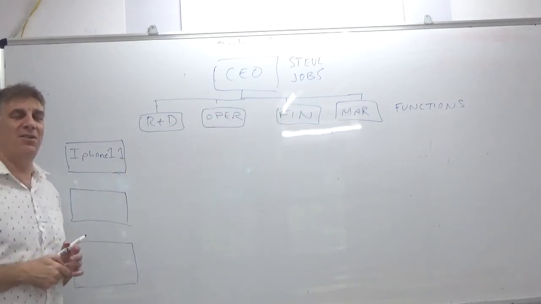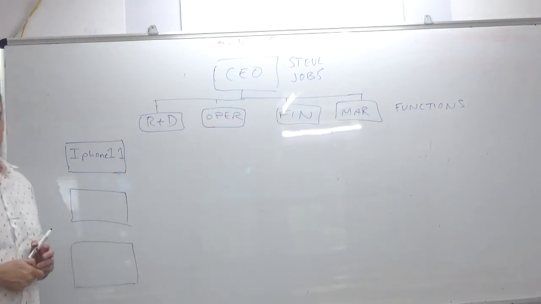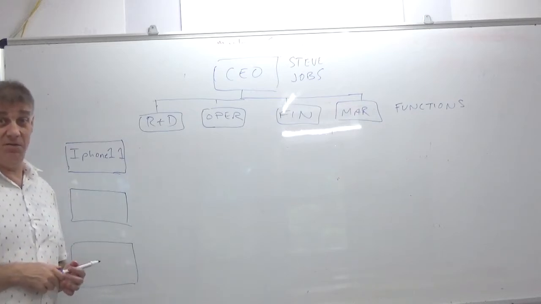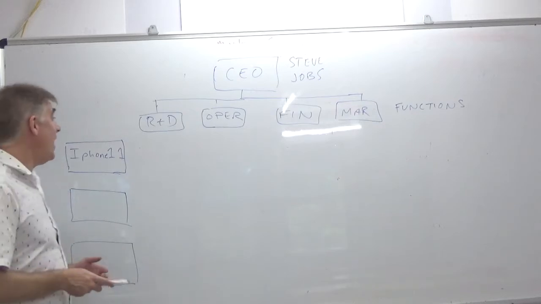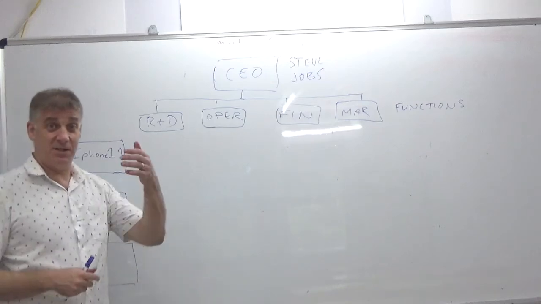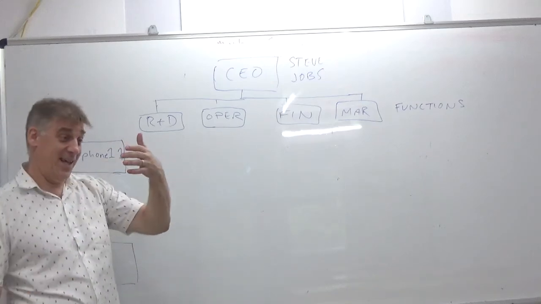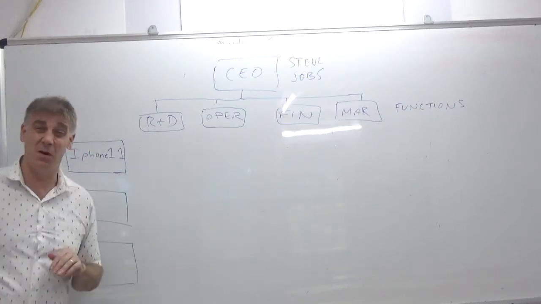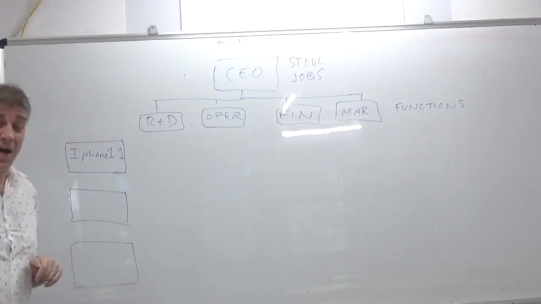I want a phone that can electrocute anyone who steals it, who's not the person who owns it. I want a phone that has 3 cameras on it, so I can take a picture of you, me, and my feet at the same time. I don't know, Steve Jobs' dream. He has all the things he wants to have in his new iPhone.